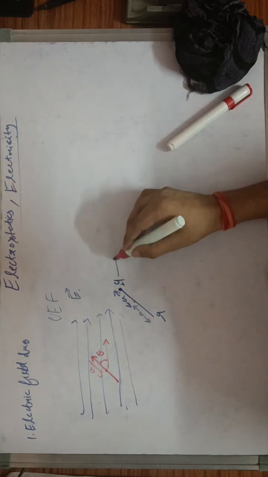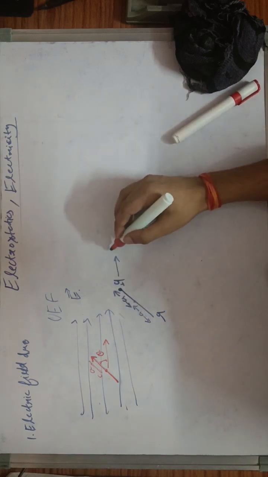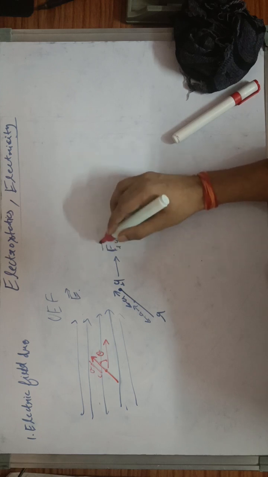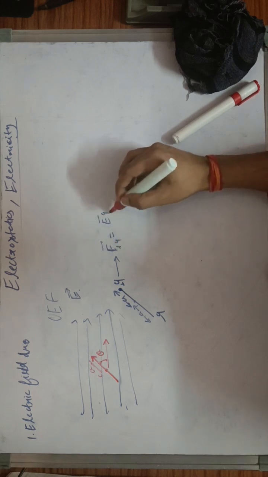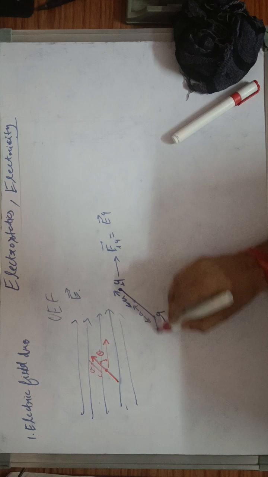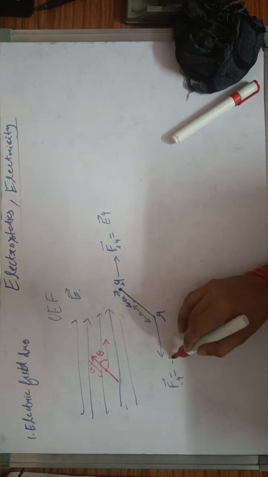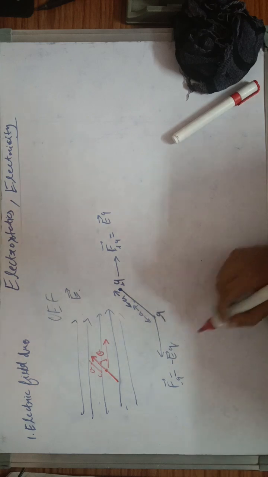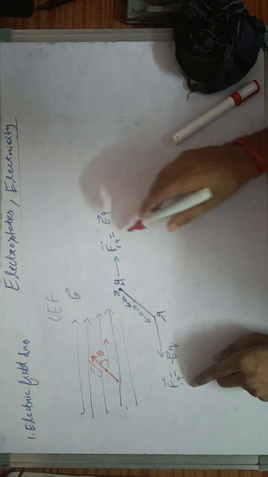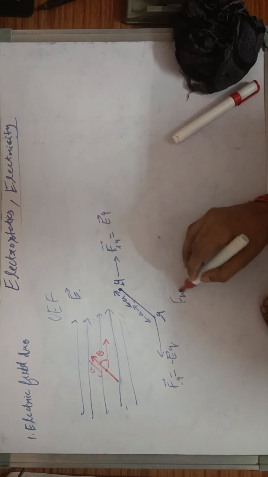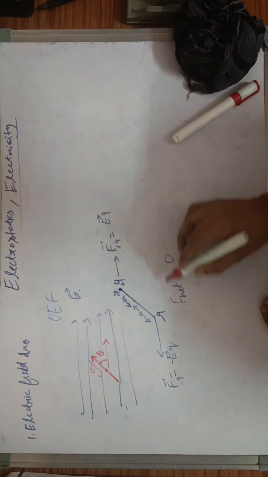Now there is a force in the direction of electric field acting on this plus q, F on plus q, which is equal to E into q, and on this minus q there is a force F on minus q, which is equal to minus of E into q. So these two forces are equal and opposite in direction, so the F net on the dipole is equal to 0.